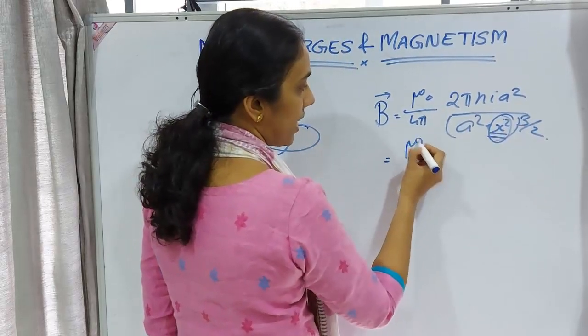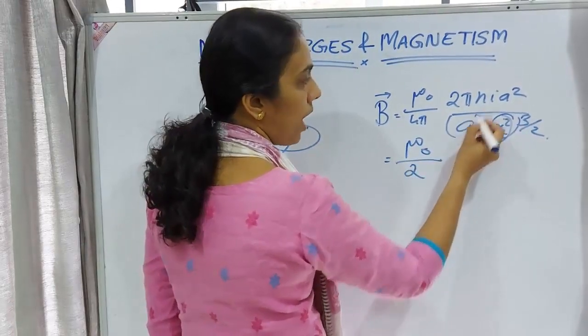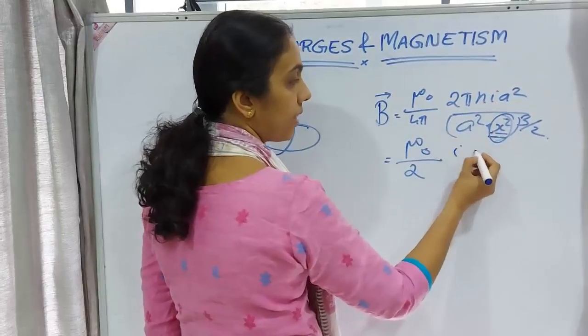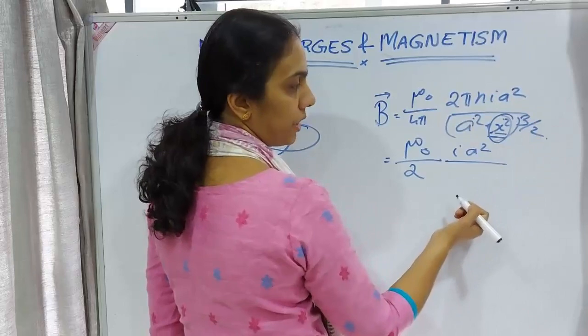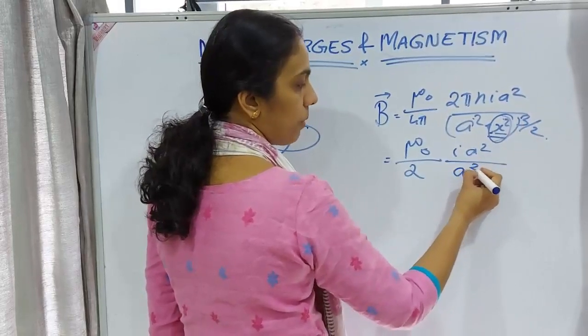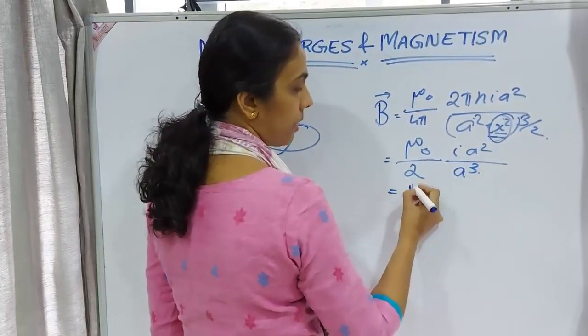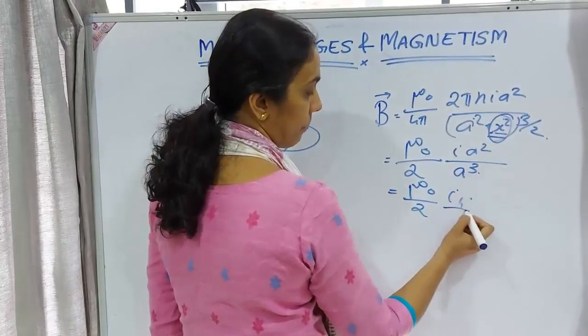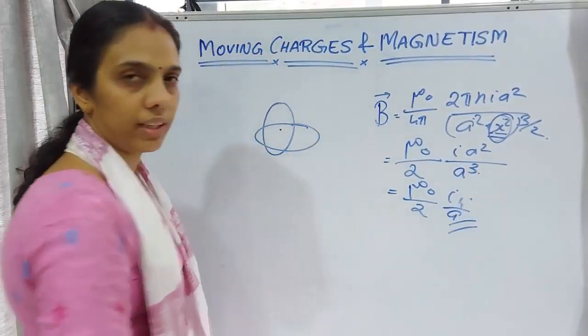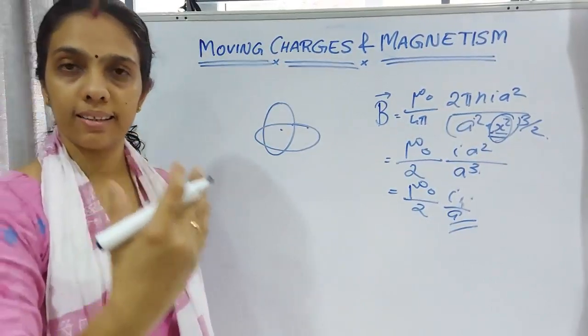Here we will get mu 0 by 2, N is 1, I A square divided by A square the whole power 3 by 2. A square the whole power 3 by 2 will be A cube, so mu 0 by 2 I by A. This will be the magnetic field. Now we should consider the direction.